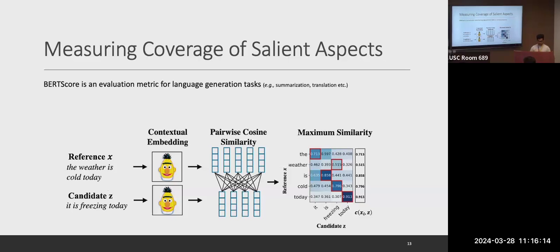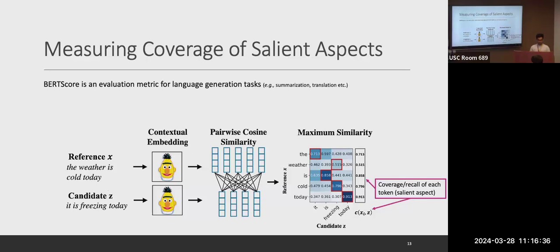Here, the reference is on the side and the candidate is at the bottom. And then if you take the row-wise maximas to get the scores on the right, those can be considered the coverage, or the recall, of each token in the test input, or in the reference in this case.